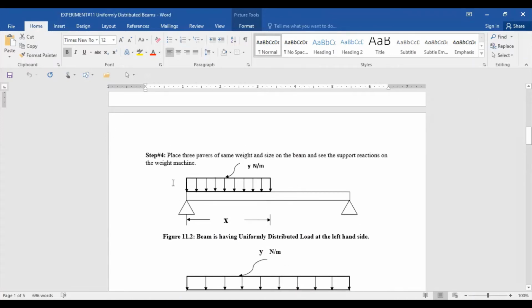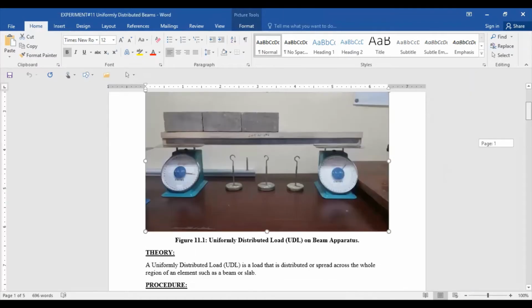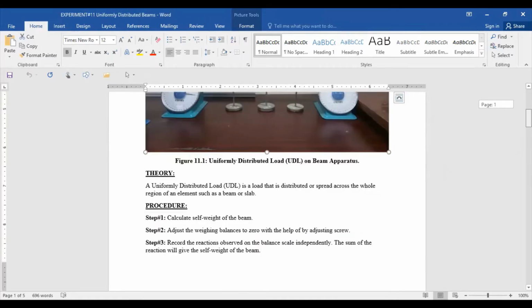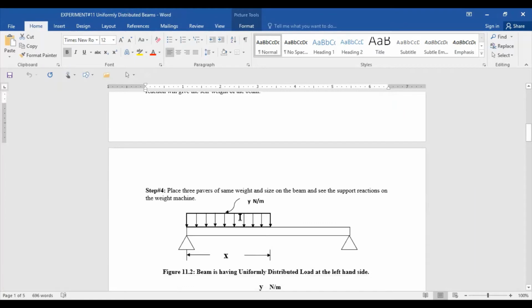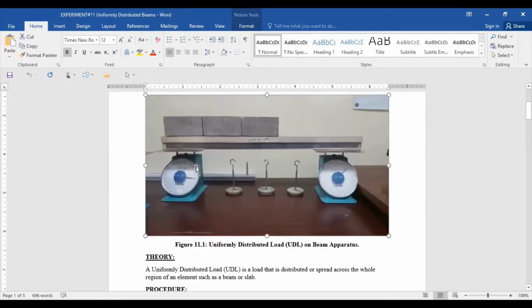The distance will be 100 centimeter if you are taking your two pavers. If it is coming at 39 centimeters, you will take that distance. Keep in mind, you have to take equal weight pavers. So you will take this weight, and whatever we have done, we have to find out support reactions. You will get your support reactions from this weighing balance.